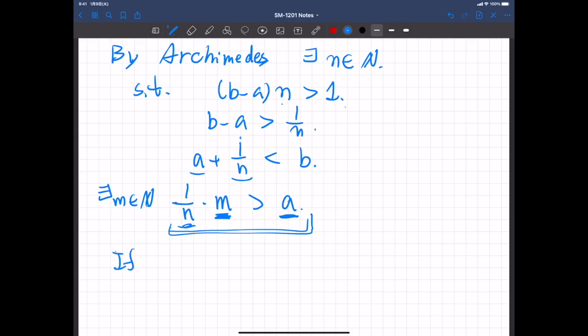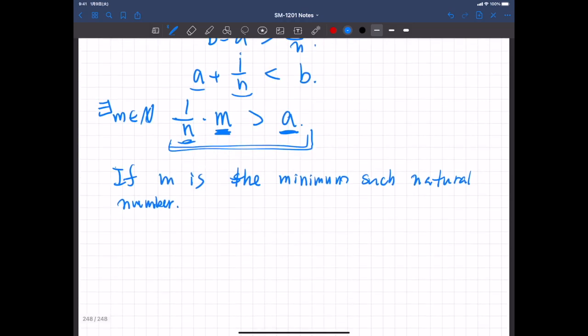if m is such the minimum natural number, then that means if we take m minus 1, this inequality doesn't hold anymore.